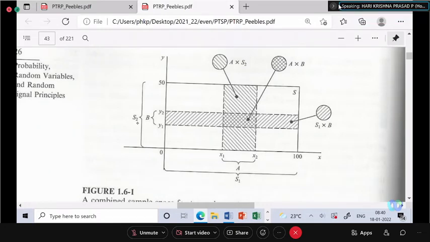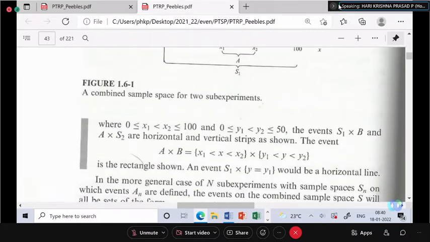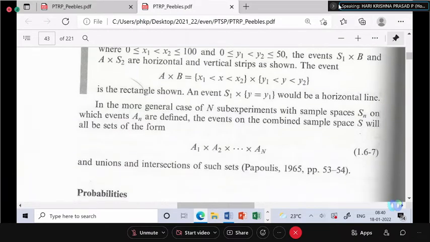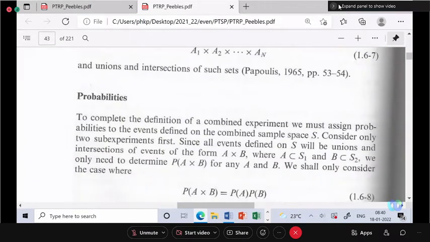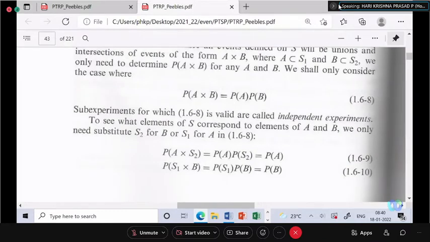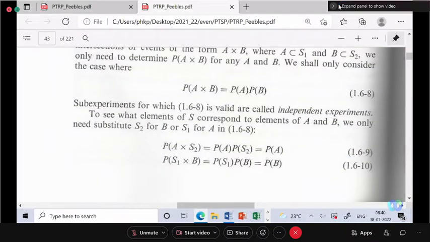Okay. The intersection of these two strips, horizontal as well as vertical, indicates A cross B. That is indicated by this portion. Okay. This is what we have seen in the previous class. Then, once that is there, what is the probability of the combined event A cross B?